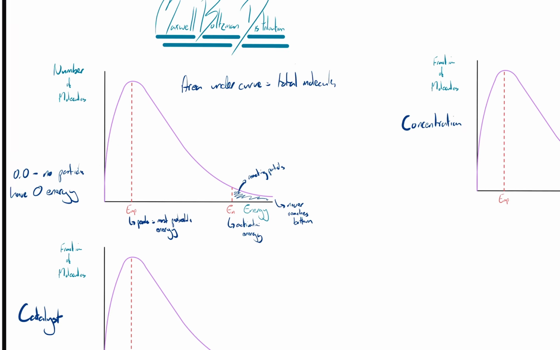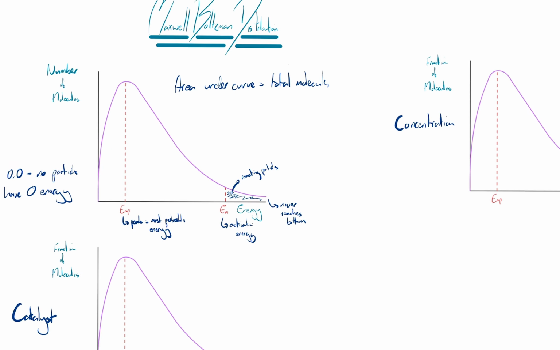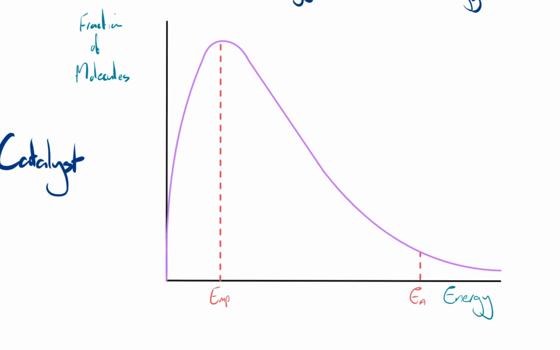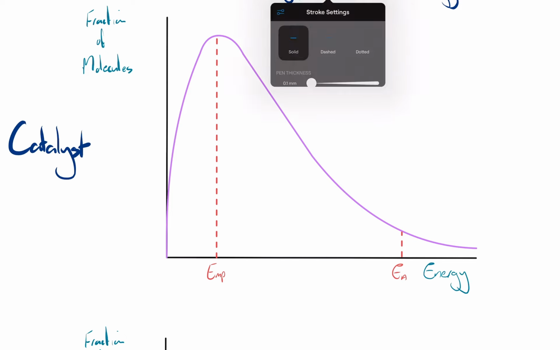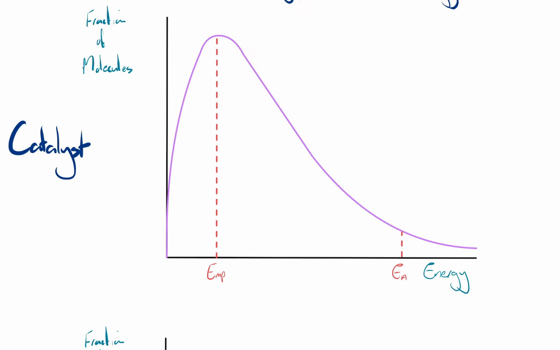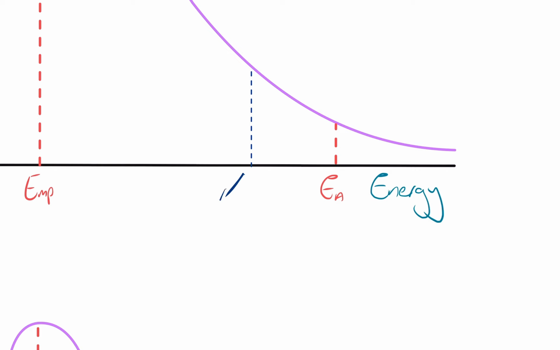Cool. So now we need to know what effect different factors have on this, right? So our first one, we add a catalyst. Now very, very simply, all that's going to happen here is now our activation energy is lowered. Let's make that a bit smaller. So this is our new activation energy, here with catalyst.